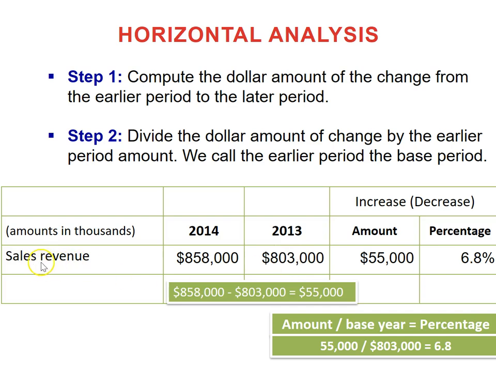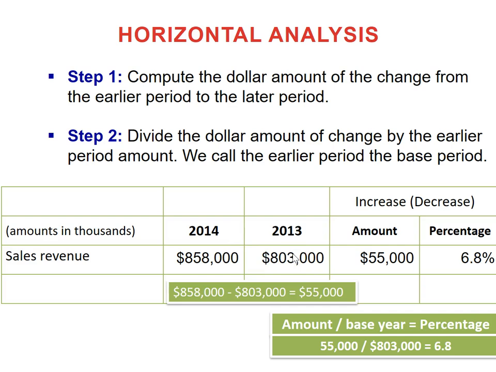For example, here in this table you see the sales revenues, and in 2013 your sales revenue was 803,000 and in 2014 your sales revenue is 858,000. So now you can compare 2014 sales revenue to 2013 sales revenue.